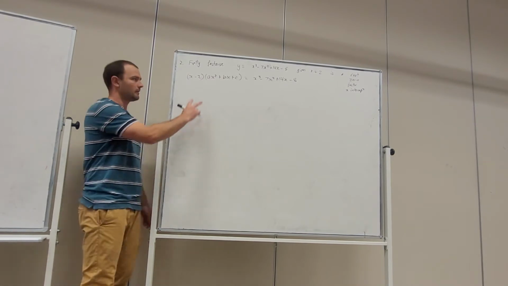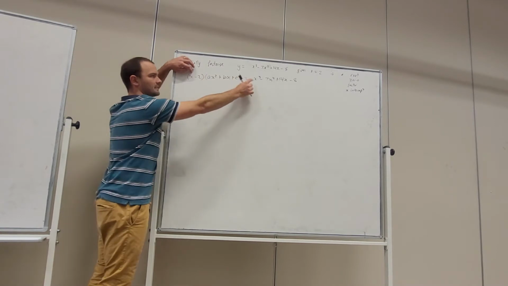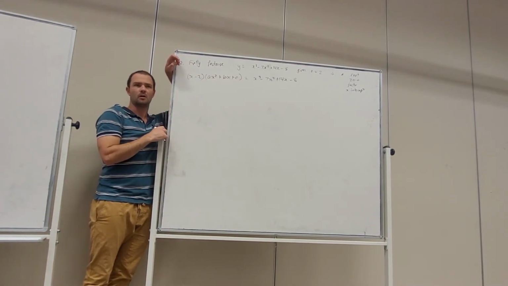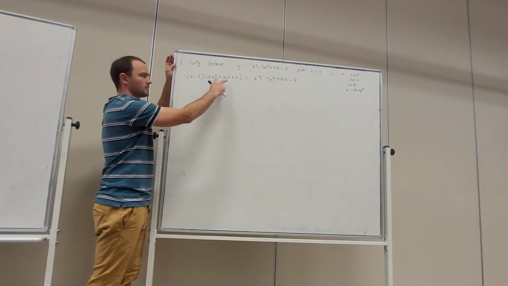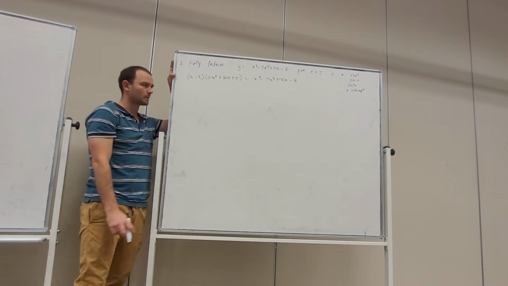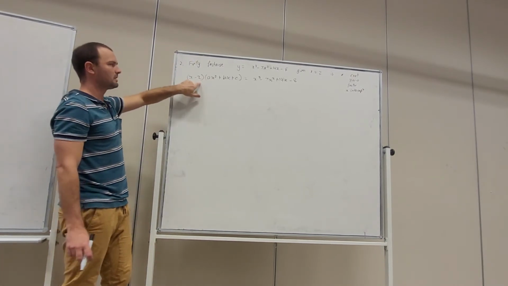If I expand this out, we're going to have x to the power of 3 because we've got x times ax squared. So a linear factor times a quadratic is going to give you some cubic. That's just x times x squared gives you x to the 3. So we're going to perform this expansion.